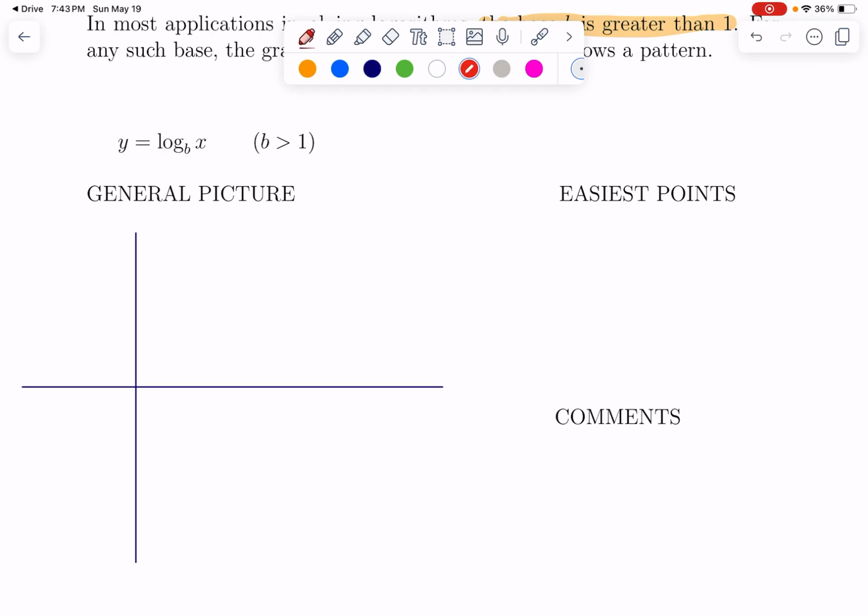We're going to have a graph that only exists in the second and first quadrants. So along the negative y-axis, it's following really closely. This part of the graph is not literally vertical, but it's extremely similar. Then it flattens out.